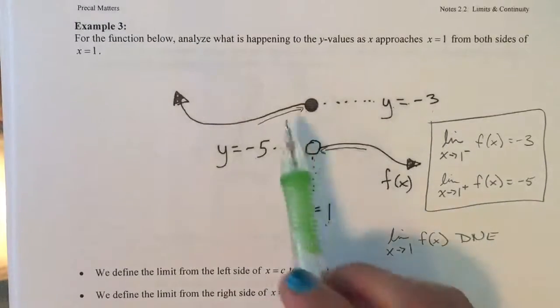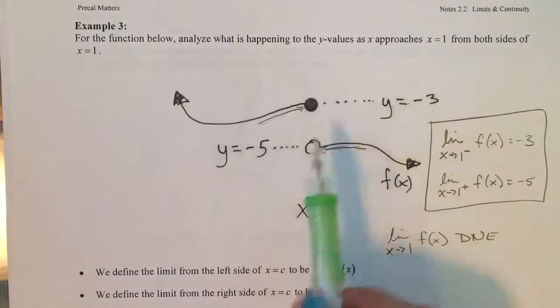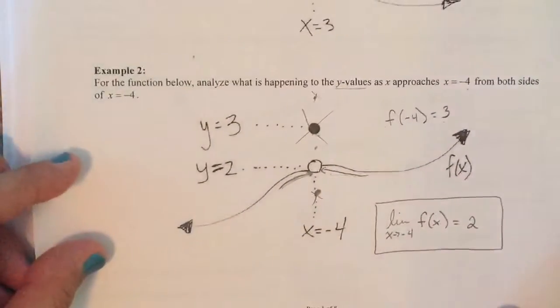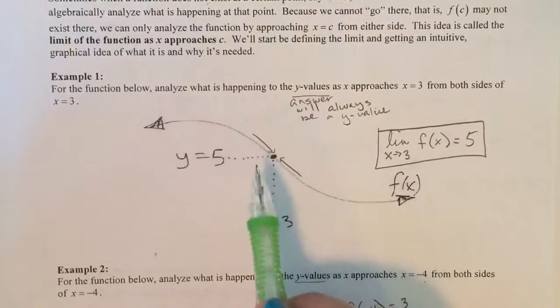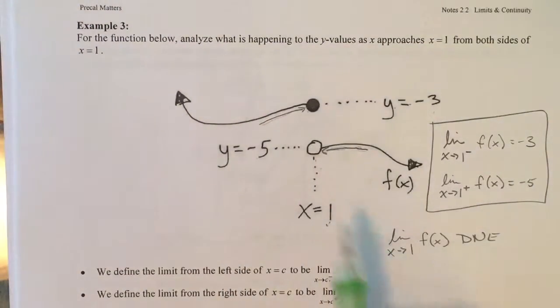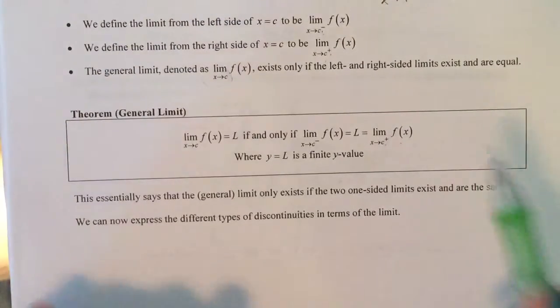This one, the limit did not exist because this one goes to -3, this one goes to -5. On the one we did previously, this one, we could say that the general limit existed because they went to the same place. And this one as well, they went to the same place, so we could say the general limit existed. But they only exist when the limit from the left and the limit from the right are the same. And that's what this theorem says.